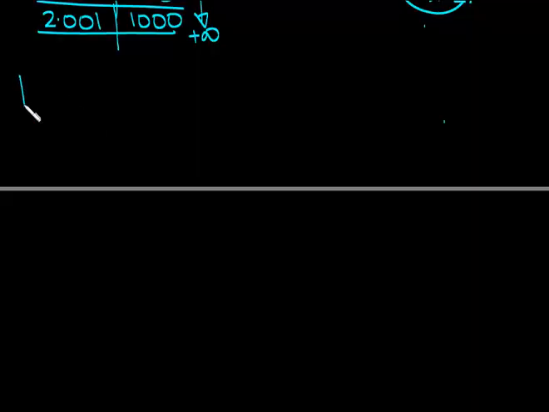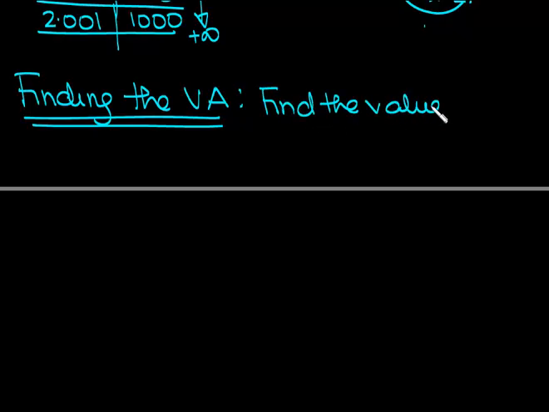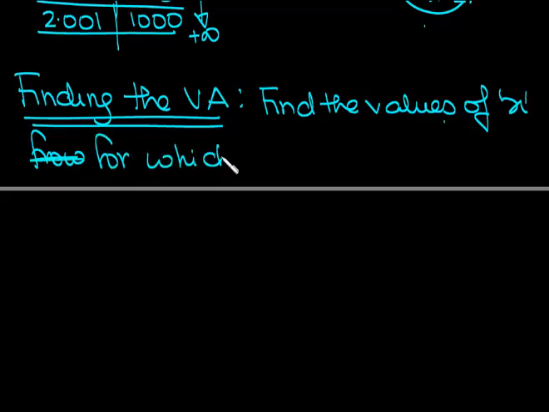Okay. So how do we find the vertical asymptote? It's really simple. All you have to do is find the values of x for which the denominator is 0.